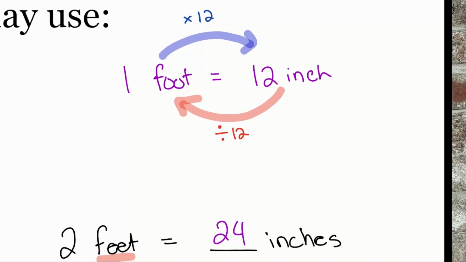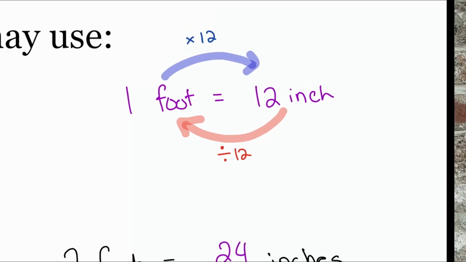Once you identify your unit conversion, if you're trying to go to the unit that has the numbers, so not the 1, so 12 or 4 or 10 or 100 or whatever, you're multiplying from the other. If you're trying to get to the unit that has the 1 on it, you are dividing to get there.